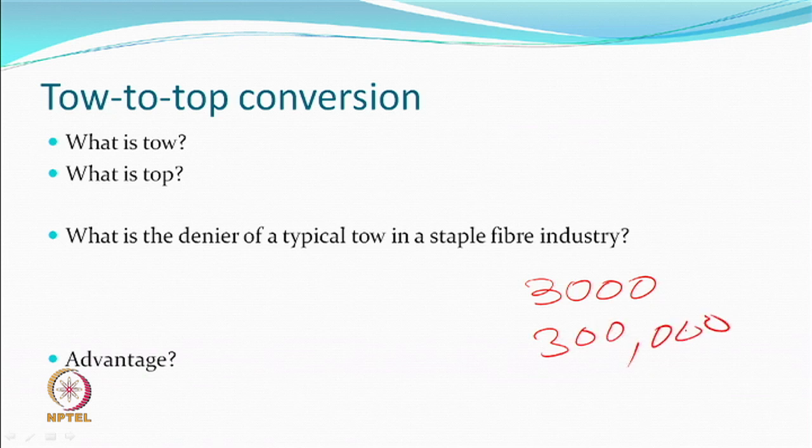So that is the kind of a tow that you take, because it is a very, very cheap process, right. You want to do mass cutting. So you take it around, do whatever little stretching you want to do. When you are cutting, just cut them. So very high denier, therefore it becomes cheap.